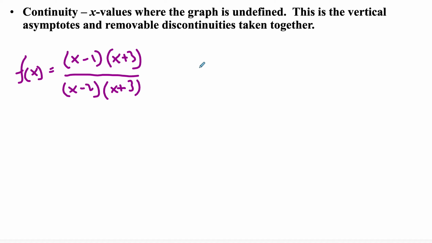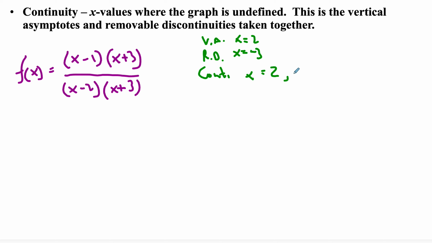Continuity. Basically, you take the vertical asymptotes and the removable discontinuities. So where is the graph discontinuous? It is discontinuous at x equals 2, because that was a vertical asymptote. And there's a removable discontinuity, if this looks familiar, it's one of the same equations, at x equals -3, because that had a factor in common.